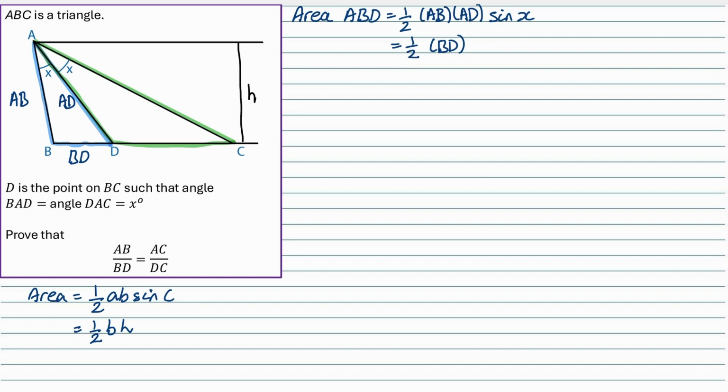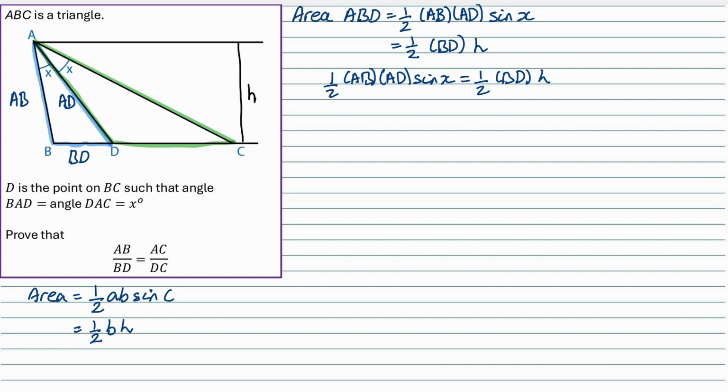So we'll have 1/2 of the base times the perpendicular height. Now these formulae give us the area for the same triangle. So this means that they must both be equal. So 1/2 AB AD sine x will be equal to 1/2 of BDH.